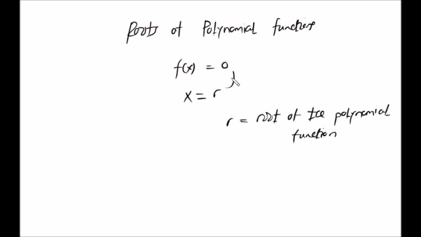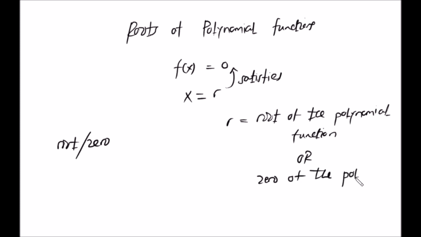So when x equals to r satisfies hii f of x equals to 0, then hiyo r ndio inaitwa root of the polynomial function. Jina lingine inaitwa the zero. Kwa hiyo ni the root au nini? Zero. So the zero of the polynomial function.